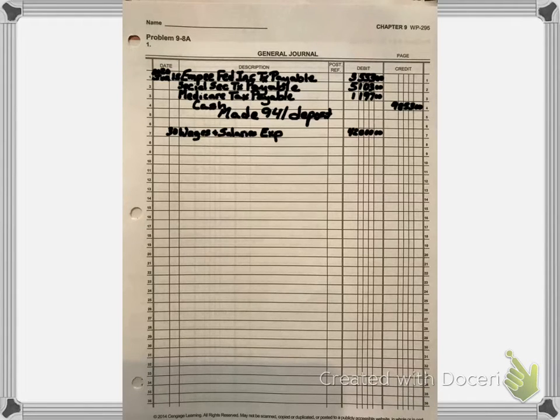And we're going to credit employee federal income tax payable. Don't forget payable. So we're going to credit it for $3,570.